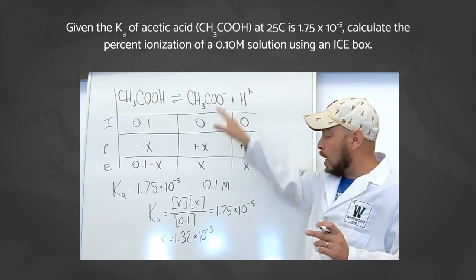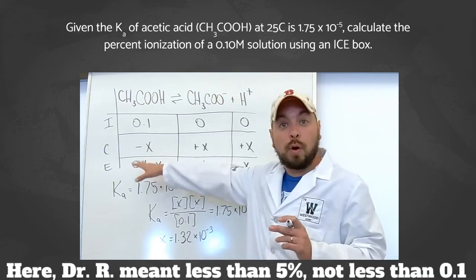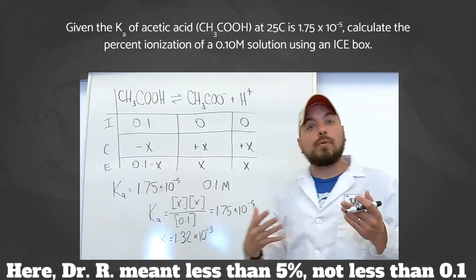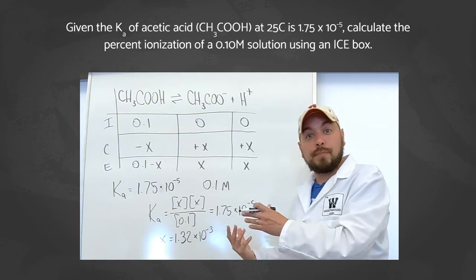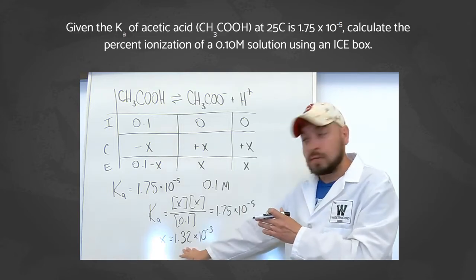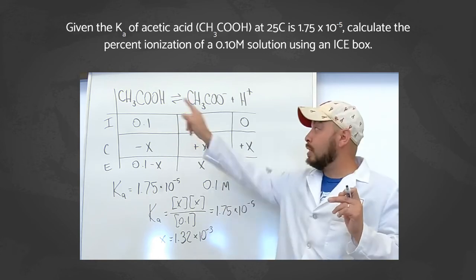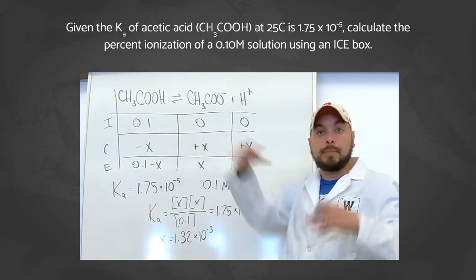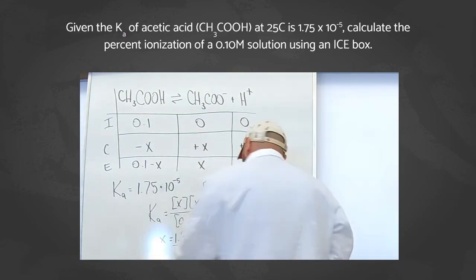And because 1.32 times 10 to the negative third is less than 0.1, I don't have to worry about that minus X. Now, remember, the point of this problem was to find the percent dissociation or percent ionization. I'm going to take this X value, divide by the initial concentration of my acetic acid, 0.1, and then multiply by 100.